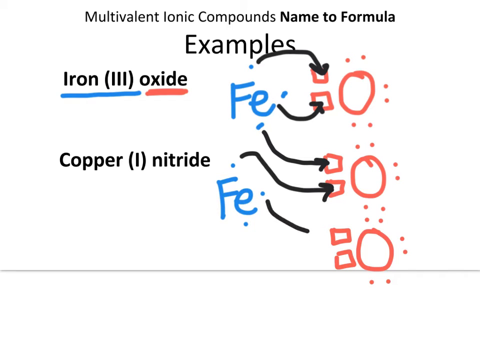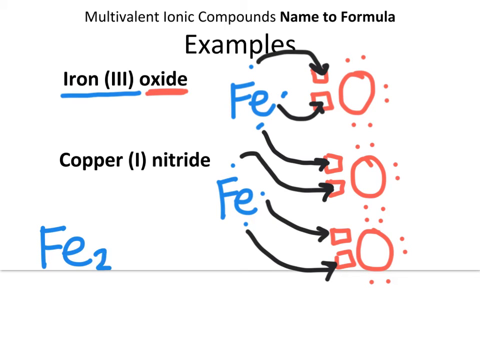Iron will transfer those 2 valence electrons. And now we have no leftover electrons on either one of our iron atoms, and we have no empty spots on our 3 oxygen atoms. So we're done. We've transferred all of the valence electrons and filled all the empty spots. Now we need to write the formula. To write the formula, you're just going to count. So we have Fe, and there are 2 of them.